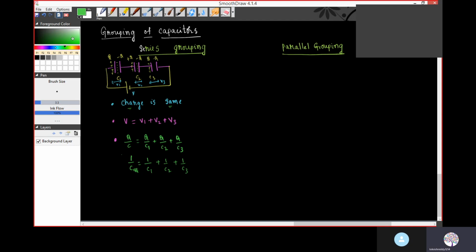Now let's come to parallel grouping. In parallel grouping, you have one capacitor, you have another capacitor connected like this, and one connected like this. These are all connected here, and then connected to the positive terminal of the battery and the negative terminal of the battery.